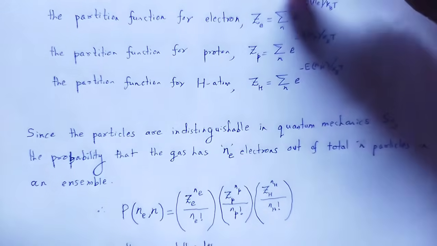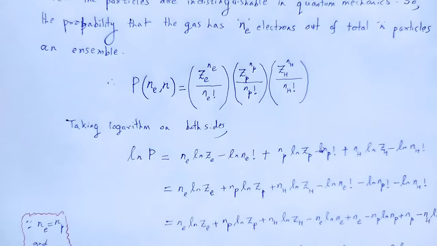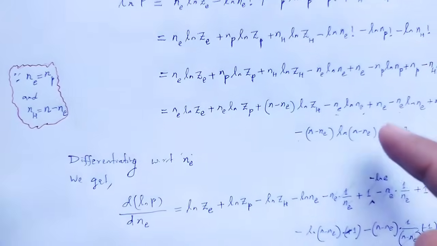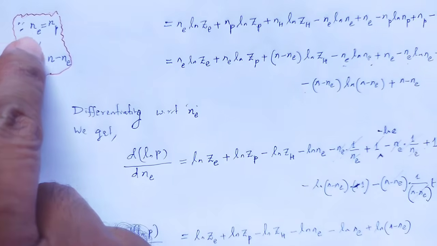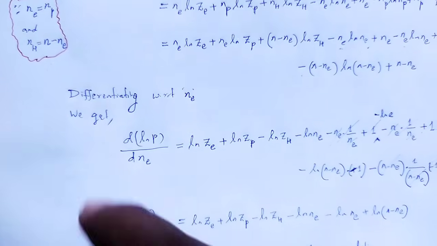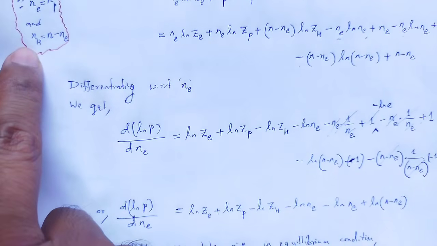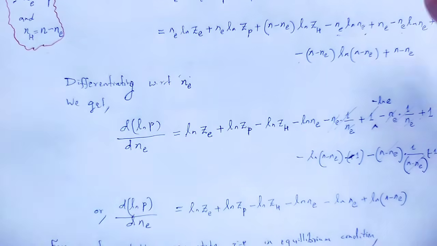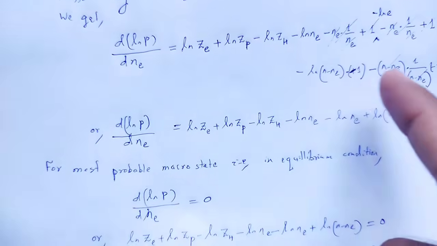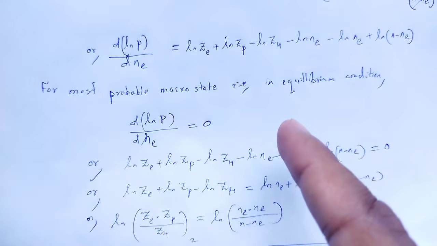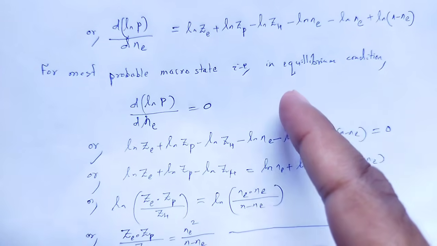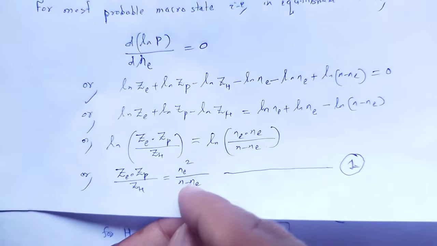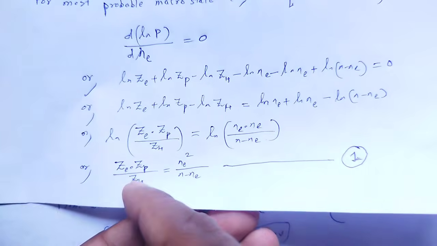Considering the partition function for electron, for proton, then for hydrogen, that is the combination of electron and proton, then its probability, and taking logarithm and using the concept number of electrons is equal to number of protons in that hydrogen atom, and non excited atoms in that hydrogen atom, which is n minus n_a, and differentiating it with respect to n_a, and finally for most probable macro state, which is in the thermal equilibrium condition, its differentiation as 0, and finally n_a square divided by n minus n_a in terms of partition function.